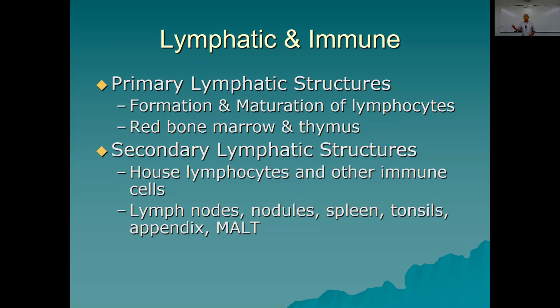If you remember last semester in the endocrine system, we discussed the thymus and how it secretes these thymosins that allow T lymphocytes to mature. In fact, the T in T lymphocytes refers to the thymus. The B, interesting enough, refers to a bursa, an organ which we don't have.